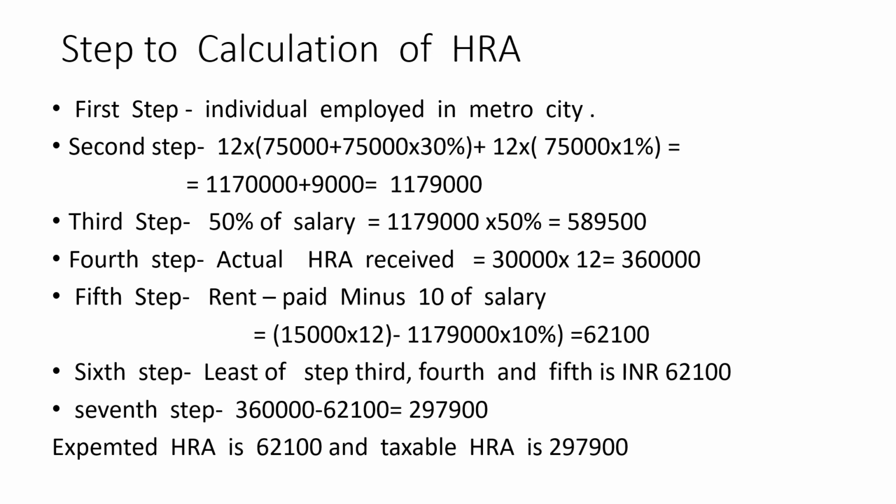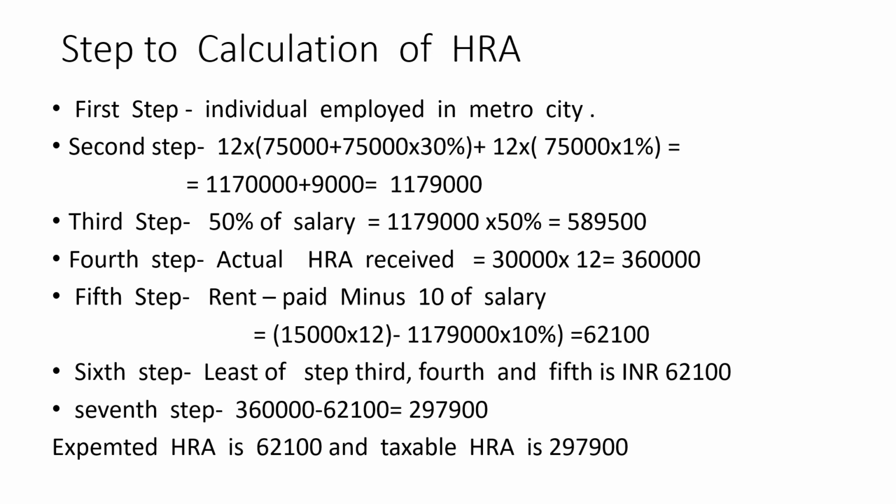So basic, that is 75,000 per month, plus DA 30% of your basic payment, plus commission, so 12 into 75,000 into 1%. If we calculate the overall annual salary for the HRA purpose, the annual salary is 11 lakh 79,000. We have cleared the second step, and his salary is 11 lakh 79,000 for the purpose of HRA calculation.